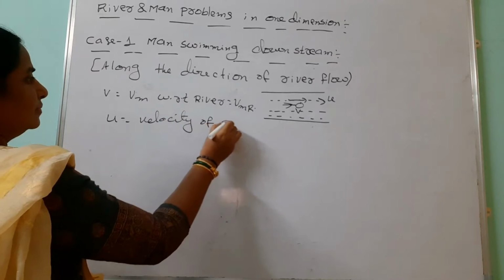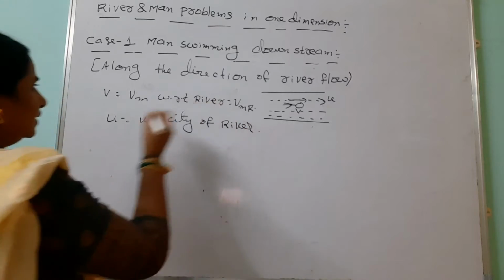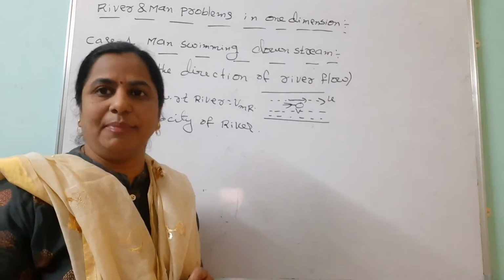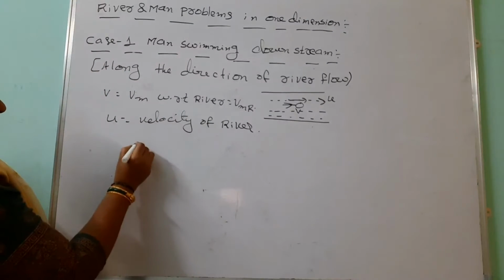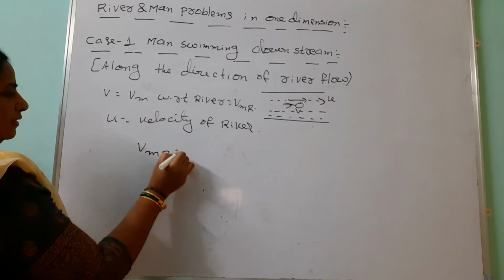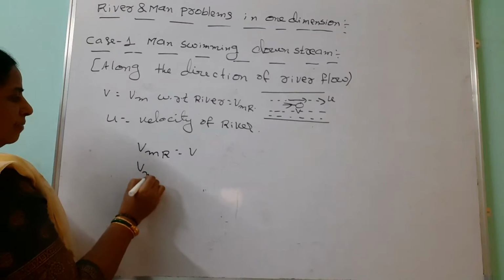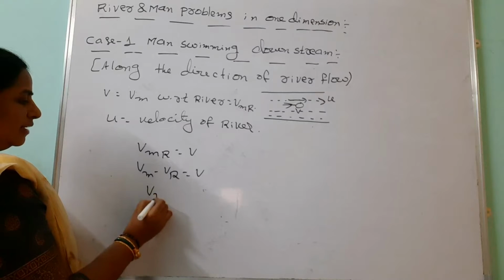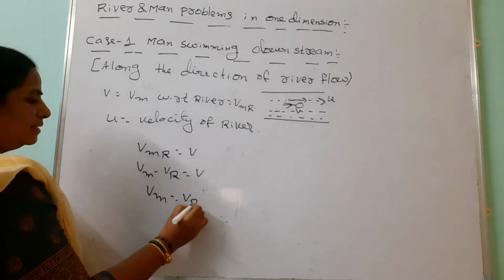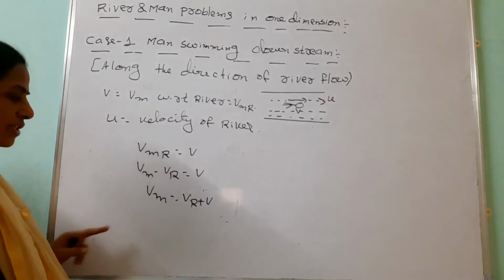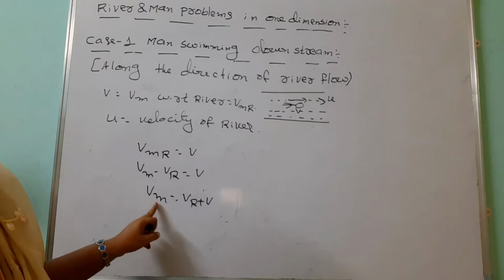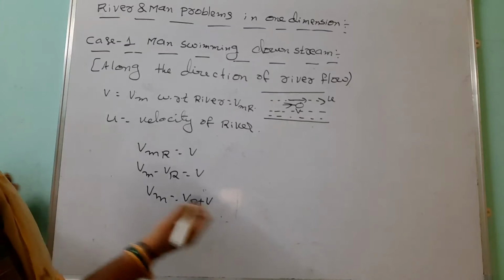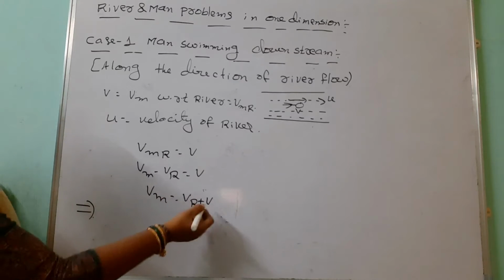We have to find the velocity of the swimming man. VMR equals V, that is Vm minus Vr equals V. But we want the velocity of the man: Vm equals Vr plus V. In the case of downstream, the velocity of the swimming man is the velocity of the river plus the velocity of the man with respect to river.